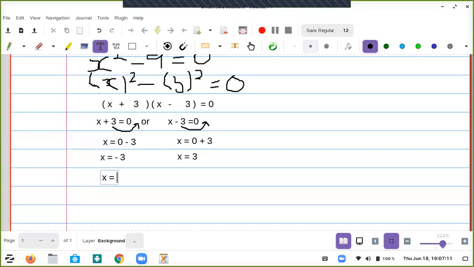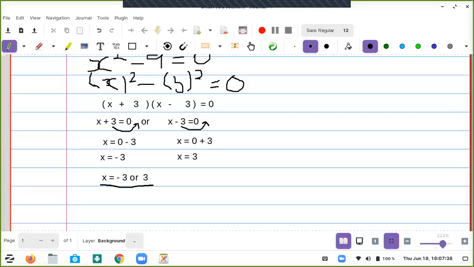Then my smaller one is negative 3, or it is equal to what? That's 3. So this is my solution set now. In other words, I am saying our answers are from these two values or these two roots.